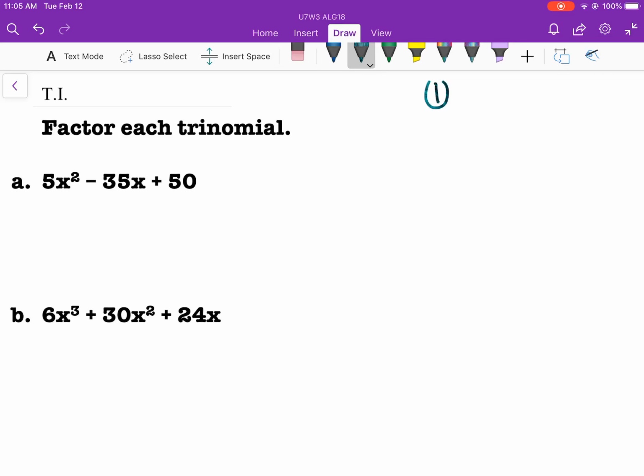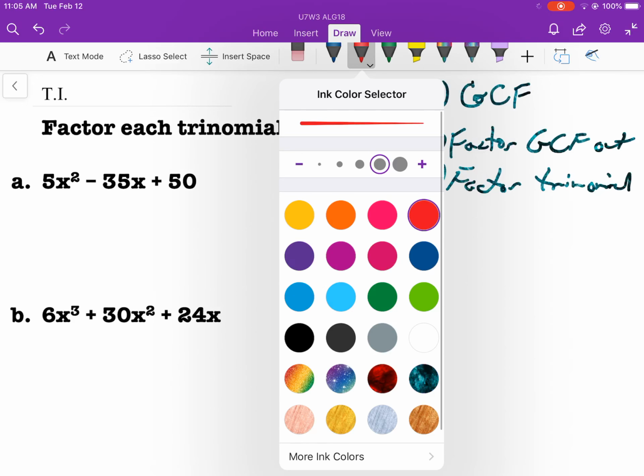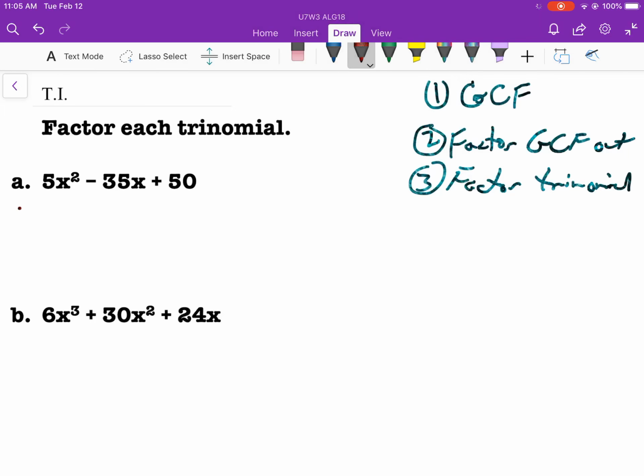You like that? Step number 1, look for the GCF. Factor it out. And then factor the trinomial. So step number 1, find the GCF.